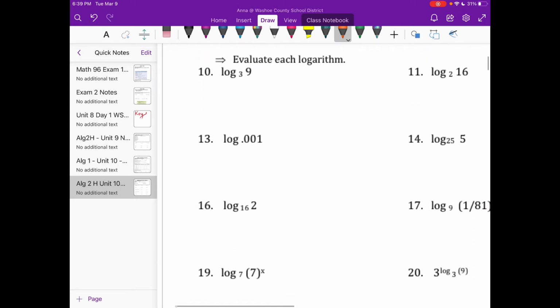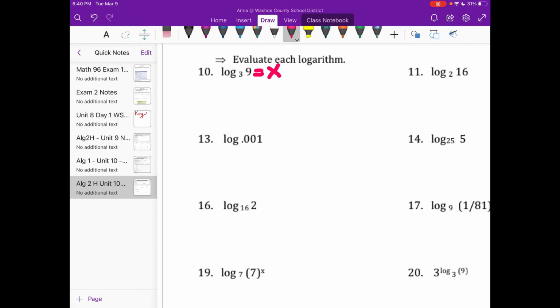Right, the rest of our notes, we are evaluating logarithms. So we're basically going, okay, what would be on the other side of that equal sign? Now, there is no equal sign. I know normally we're not allowed to do this, but I'm giving you permission to put in your own equal sign. So we're going to put equals x in there because we're trying to solve it.